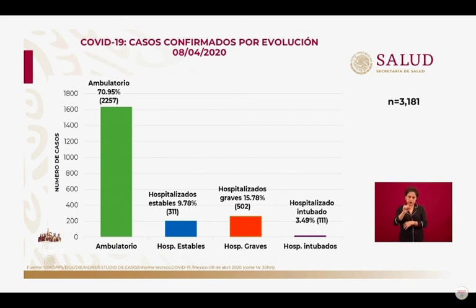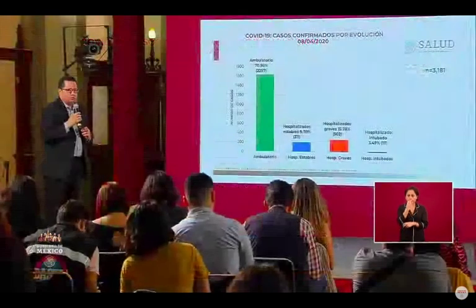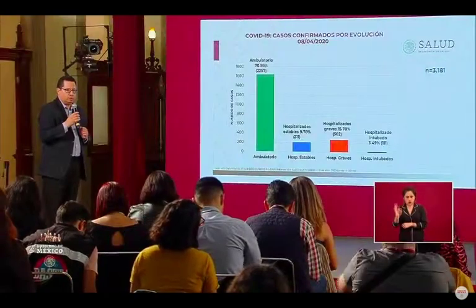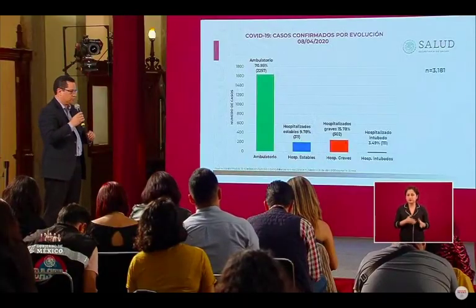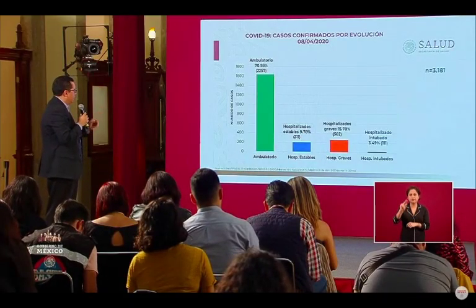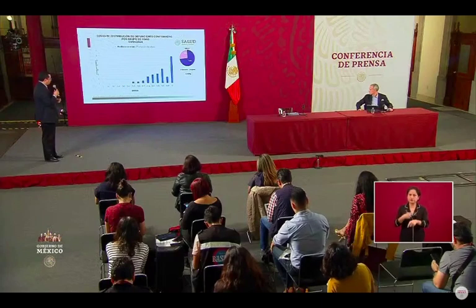Severe condition hospitalized patients, 15%. And intubated patients, we have 3.4%, 3.5 to round it up. And this matches the prediction that we've made about how the distribution would look eventually.